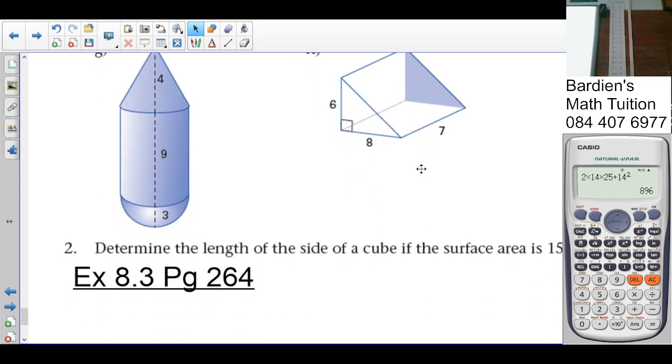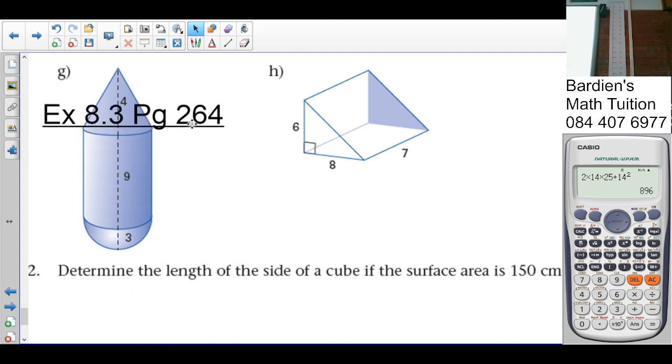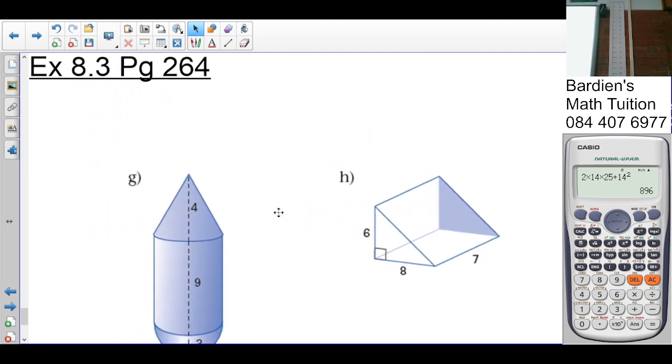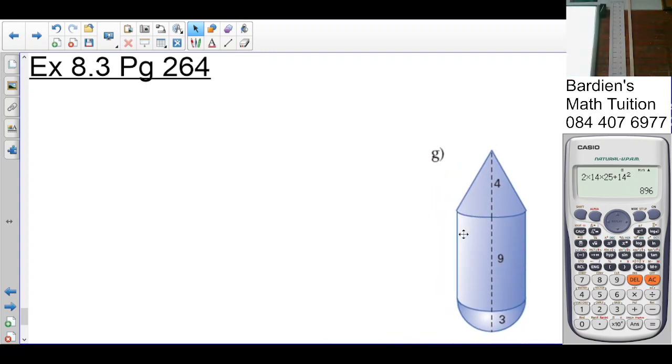G. G, we are given 3 shapes here. We have a cone, cylinder, and a hemisphere.